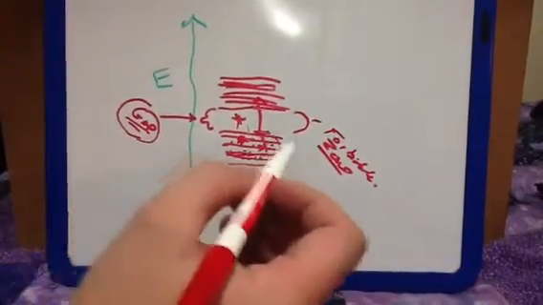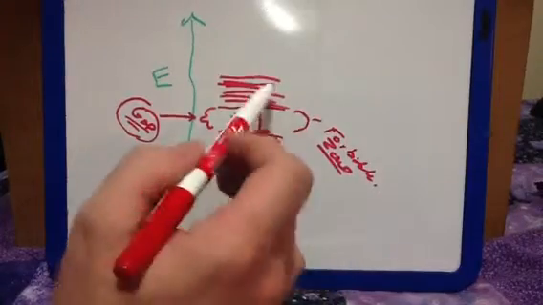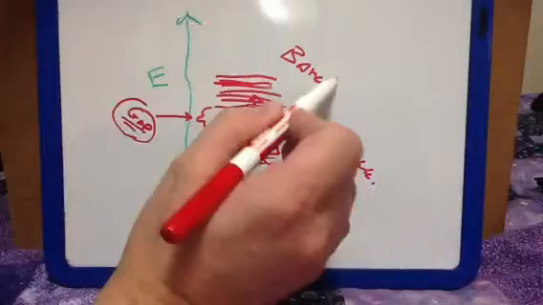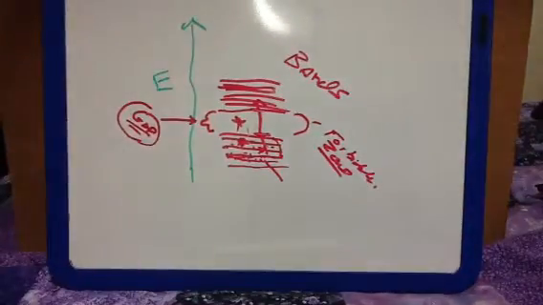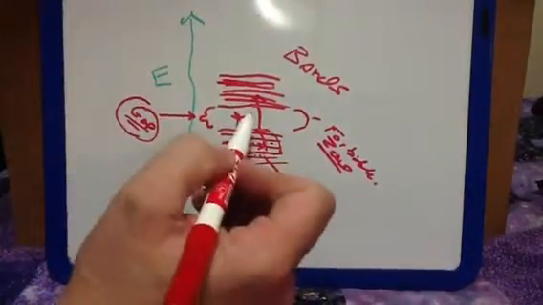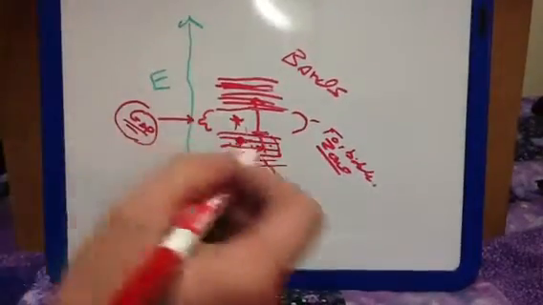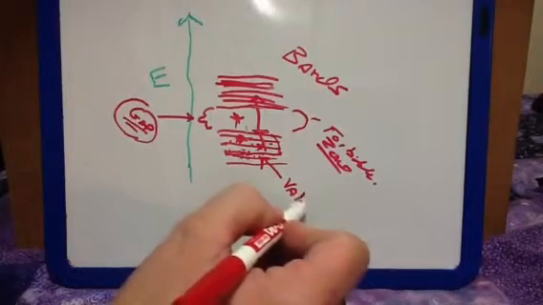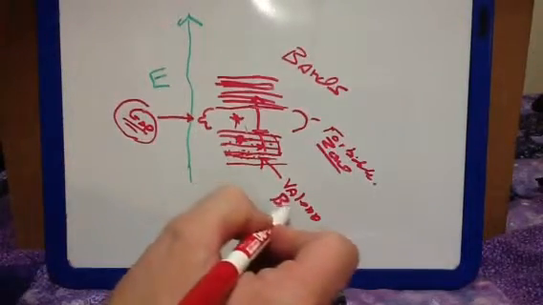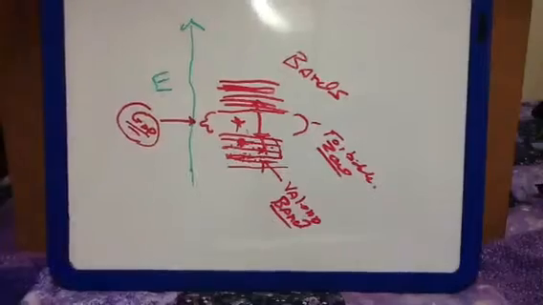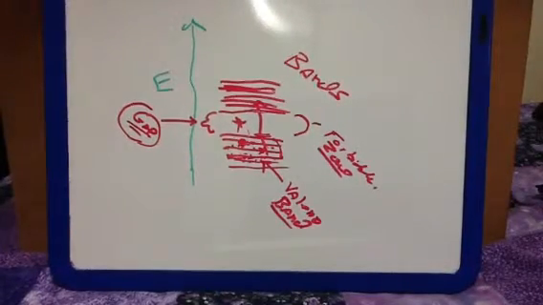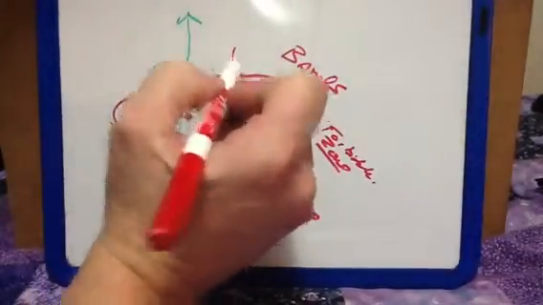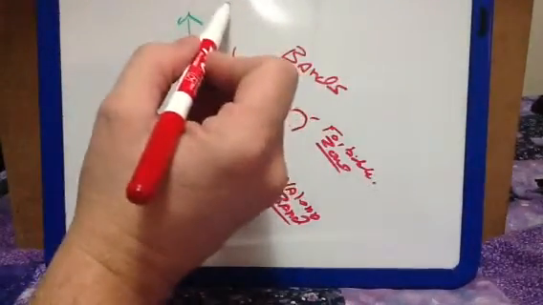Lots of quantum states here, and we actually call these areas bands. Bands of energy, right? Because I have several bands here, but I don't have any in the forbidden zone. This down here is generally what we call the valence band, because I'm going to have a lot of valence electrons here. And this band up here is commonly called the conduction band.